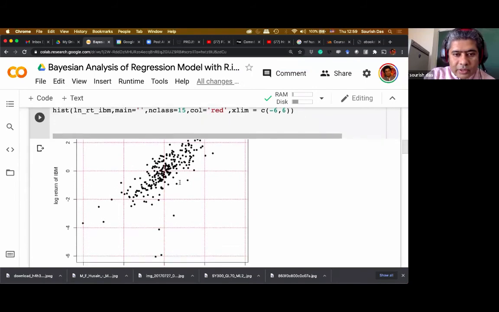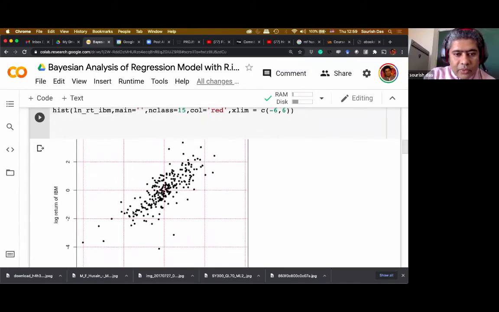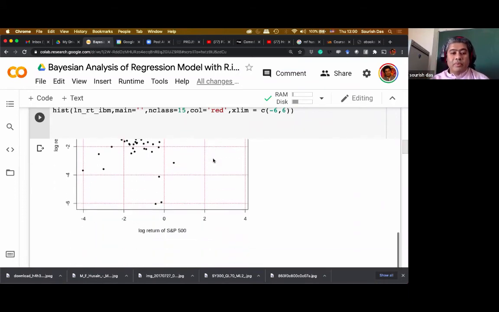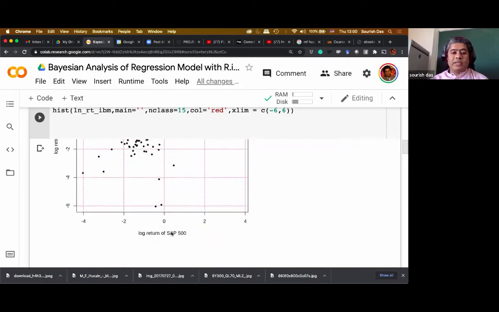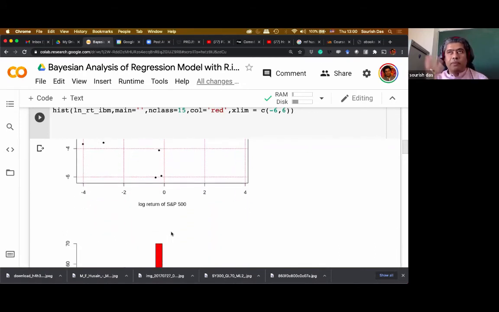So almost straight line behavior, we will always see, typically we tend to see at least between the big stocks and the market. One reason is these big stocks are actually part of this index. So that is one of the reasons they behave in a sort of straight line fashion.